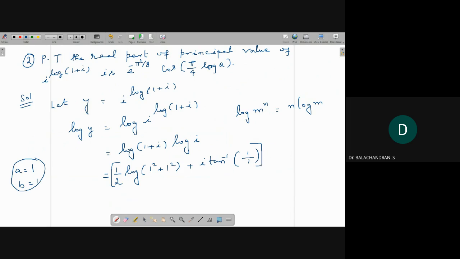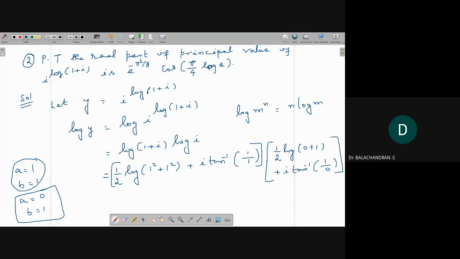Okay, so now here log i, what is a? a is 0 because there is no real part. b equal to 1. So now here half log of 0 plus 1 square, plus i tan inverse of b by a. What is b? 1, a is 0.